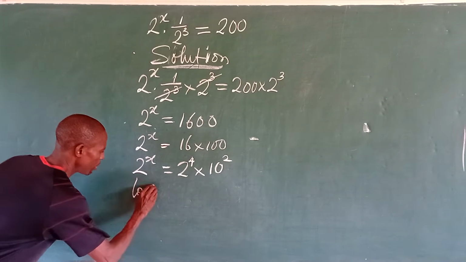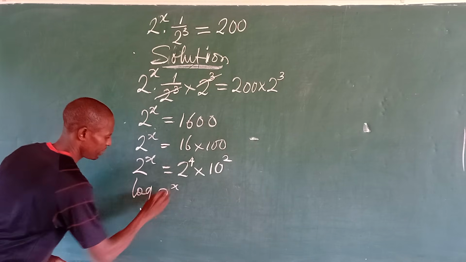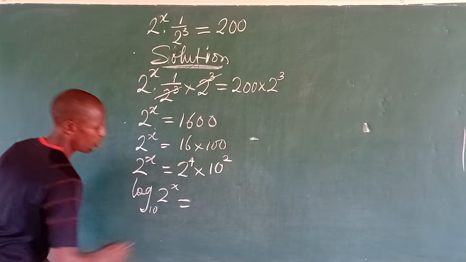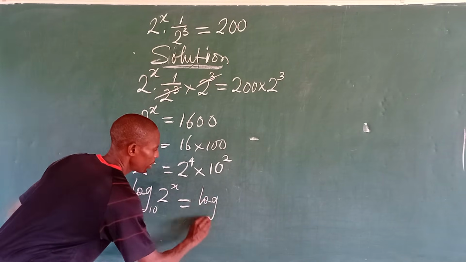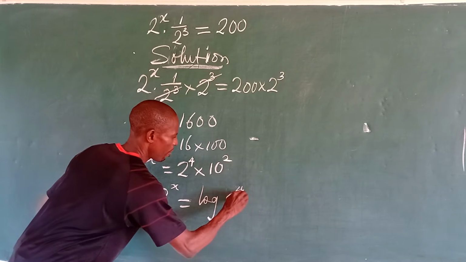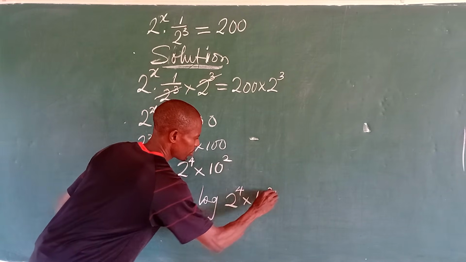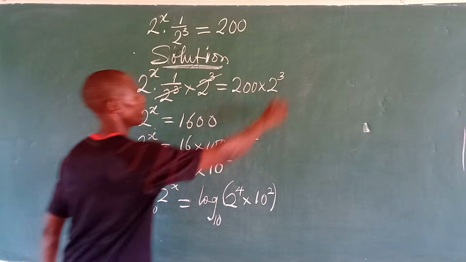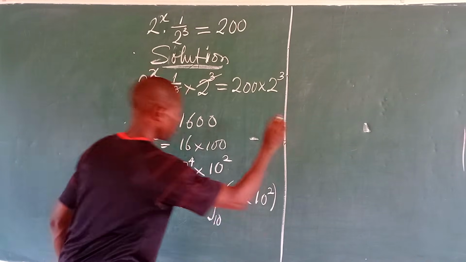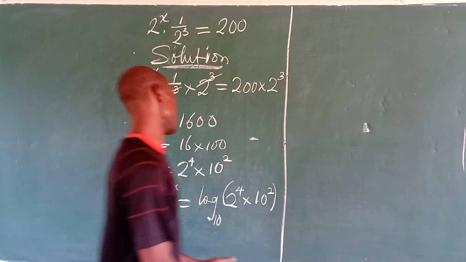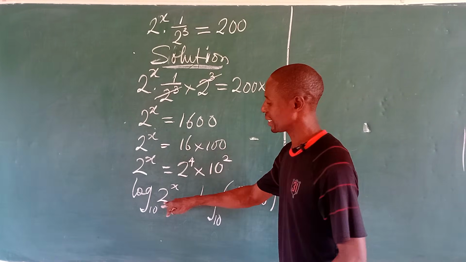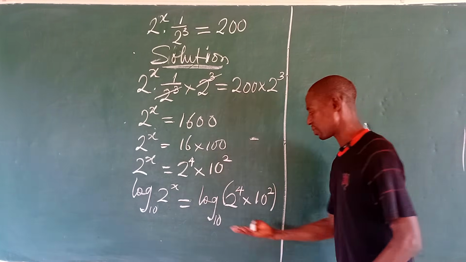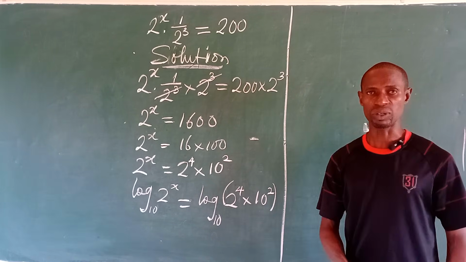So we have here the log of 2 to the power of x base 10 equal to the log of 2 to the power of 4 times 10 to the power of 2, in bracket, base 10. Here we're going to apply the power law of logarithm, and here we're going to apply the multiplication law of logarithm.